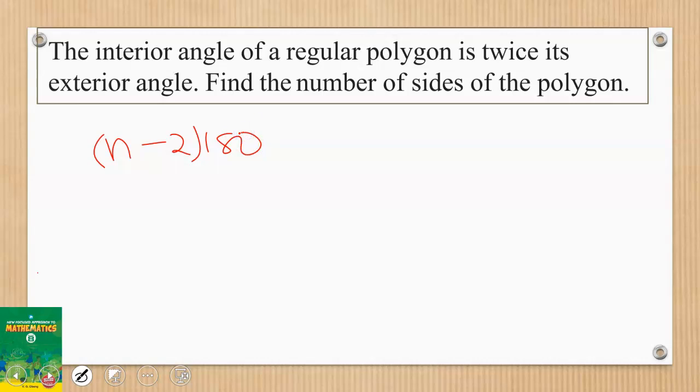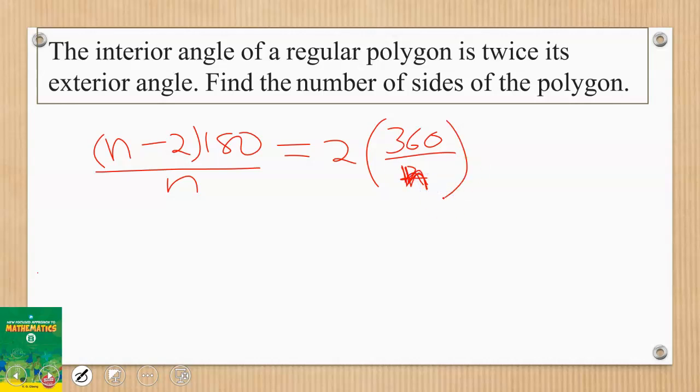Because I'm talking about one interior angle, I divide this total by the number of sides n, so that I can get one interior angle, right? And they said this is twice the exterior angle. We also know that for every polygon, the sum of the exterior angles is always 360. So this is divided by n, because we want to get only one.